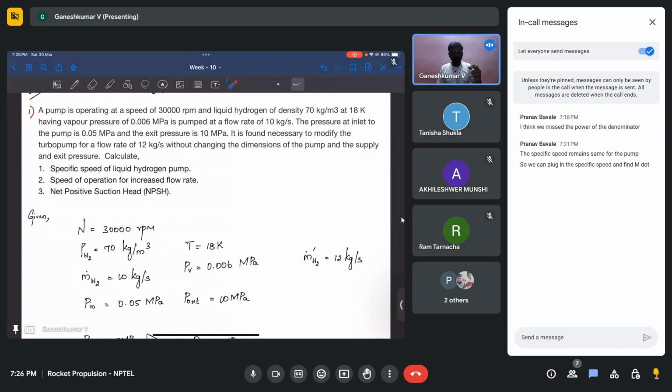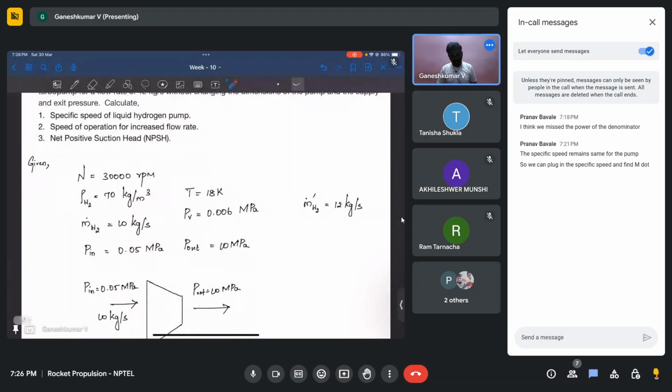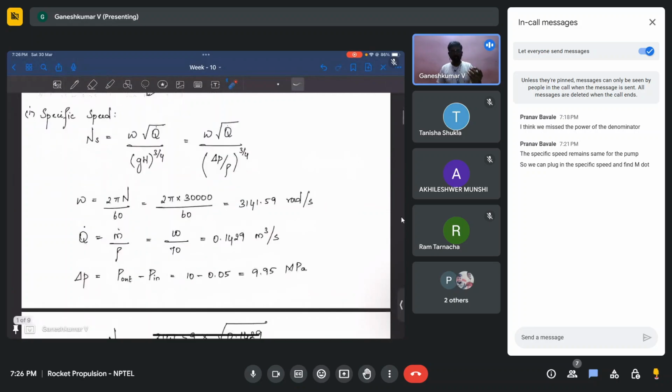If you are more interested in this, you can look into certain turbomachinery books on turbines and pumps. Basically we are trying to achieve a geometric similarity in terms of operation, where the same pump is able to work in different operating conditions.